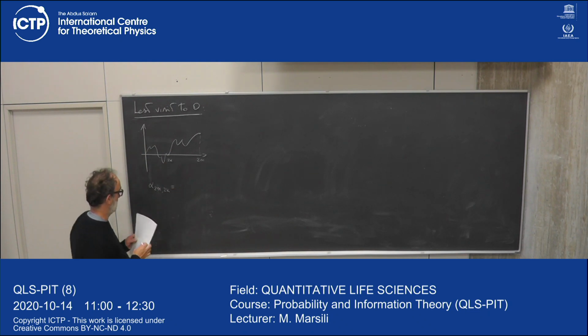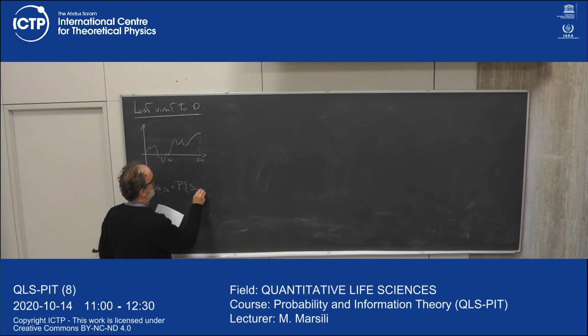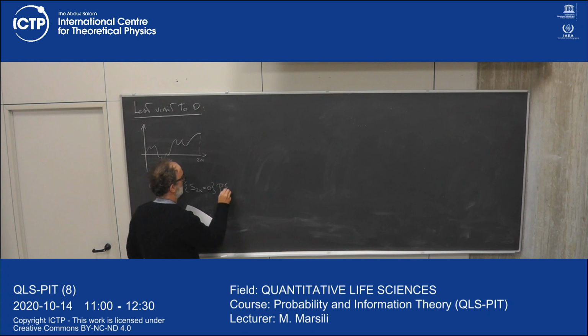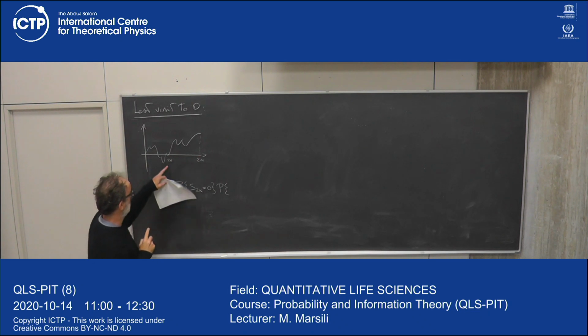As we said, this probability can be computed as the probability that the random walk is at the origin at 2k, times the probability that the random walk does not come back to the origin in the remaining steps.